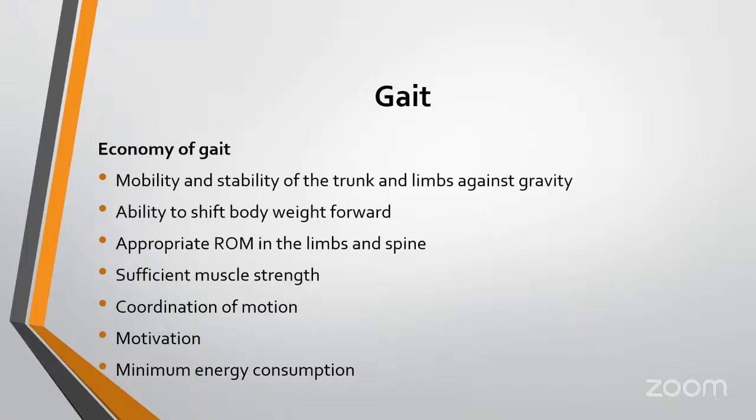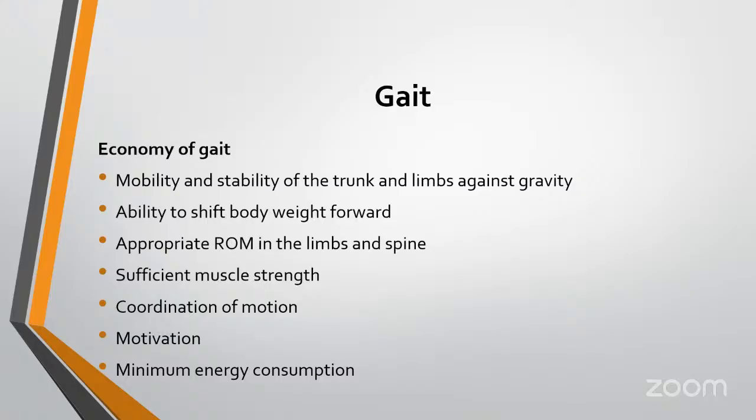So in all, a good gait pattern will involve manipulation of various degrees of freedom. We have about 120 to 130 degrees of freedom as we are walking, because we have the knee, we have the hip, we have the shoulder, we have the trunk, we have the neck, we have the various joints that are moving, going in and out of movement, to allow for a very good gait pattern.